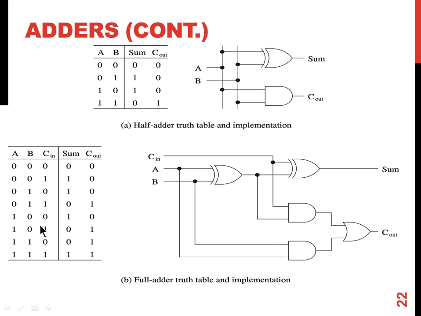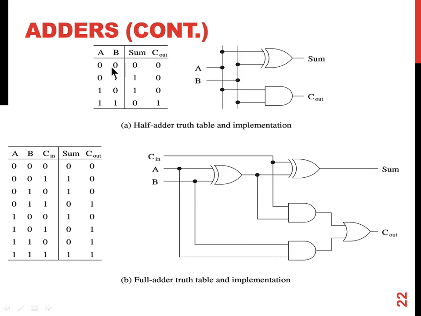If two inputs are high, we get sum 0 and carry out 1. All three inputs are high, we get sum 1 and carry out 1. And if you represent the sum logic and the C out logic, this is the circuit that will get built for a full adder circuit using basic gates.